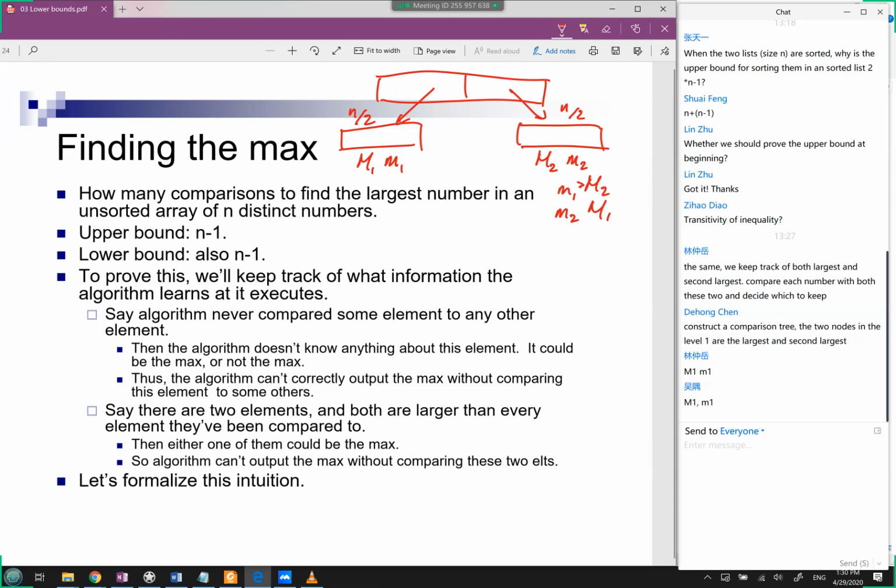What about the other way? Suppose little m1 is less than big m2. Then what are the max and the second max?